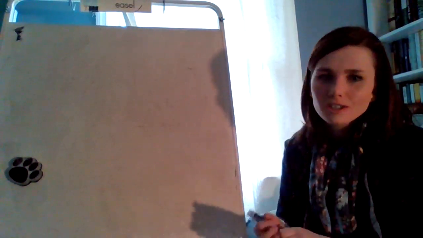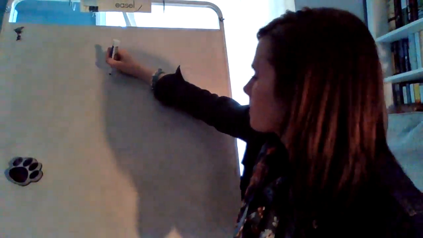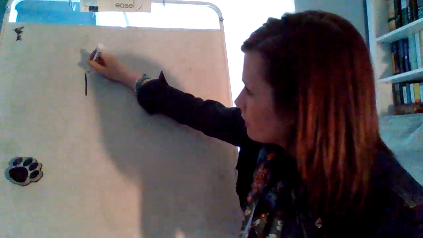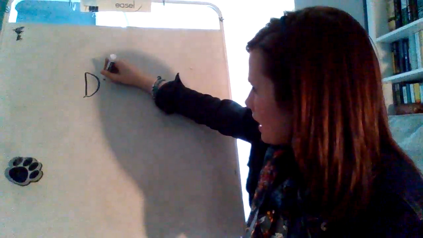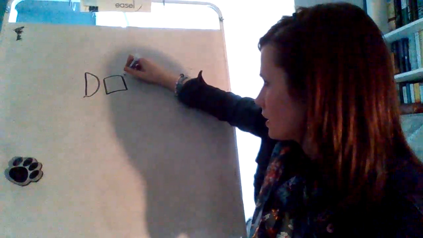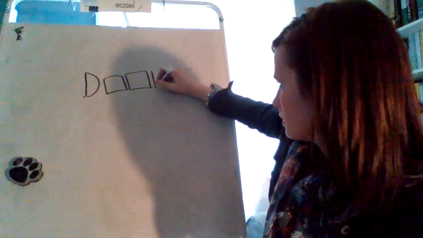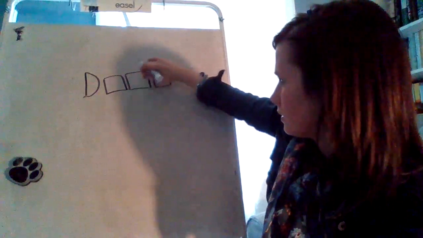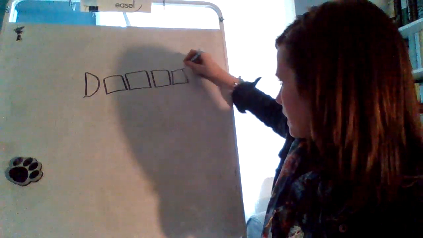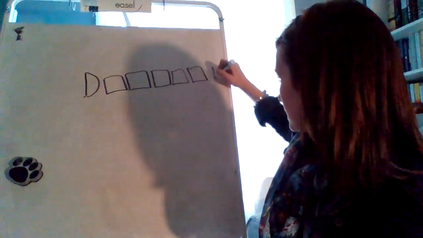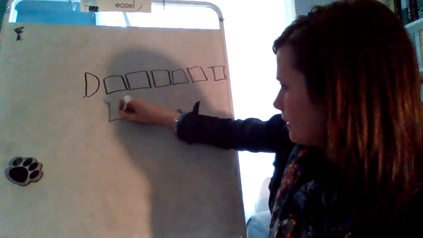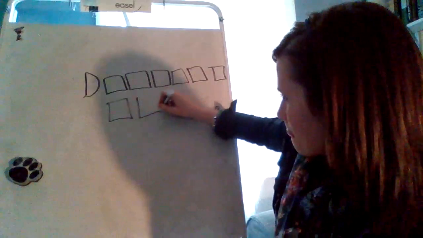All right. So Ben is a clock collector. All right. He has 8 digital clocks. So I'm going to label it D for digital. 8. And then I'm going to draw my digital clocks as rectangles. And I need 8. 1, 2, 3, 4, 5, 6, 7, 8.